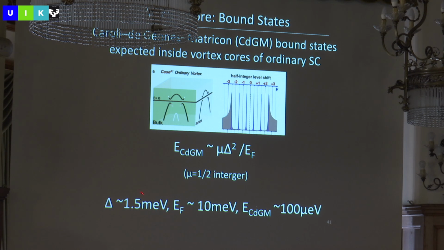Now, I didn't tell you this, but the gap on the surface state is about 1.5 milli-electron volts. The Fermi energy, as it turns out for the surface state, is pretty shallow, only about 10 meV. So these Caroli-de Gennes states are expected to be 100 microvolts apart. So this spacing should be 100 microvolts.